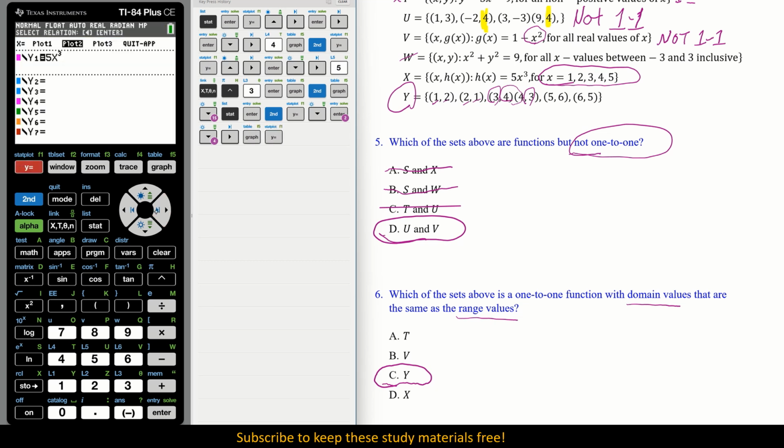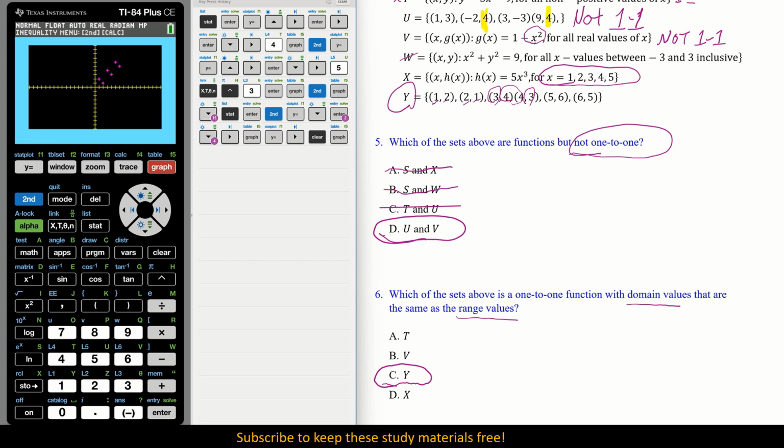Oh, I need to go back and clear out my prior one. And now look up in the plot. See how it's highlighted? It's turned on. Graph it again. That's an interesting graph. It has lines that we could put through it, but they're not horizontal or vertical. Therefore, it is a function as well as one-to-one.